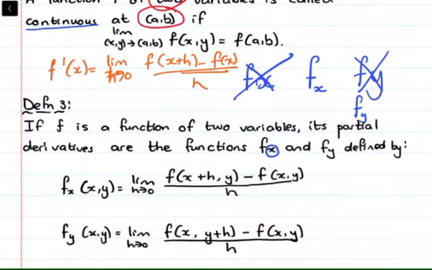Look at what is happening when you take the partial derivative of f with respect to x. You change that. You put x plus h in the first part of the function, and then you keep y, minus f of x, y, divided by h. And then when you're trying to find derivatives with respect to y, it means that you are not considering x.